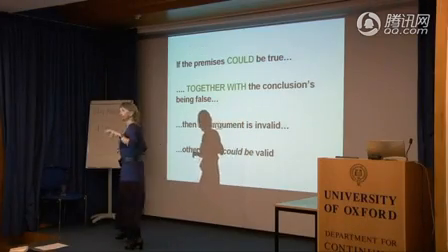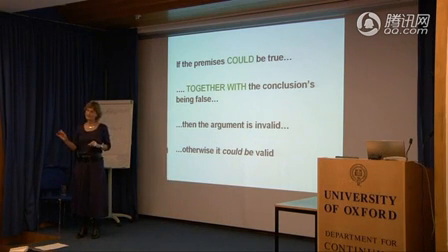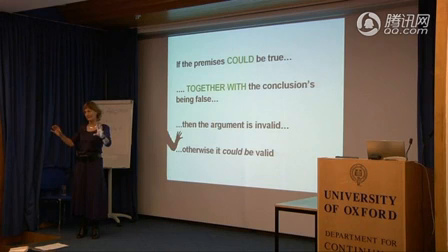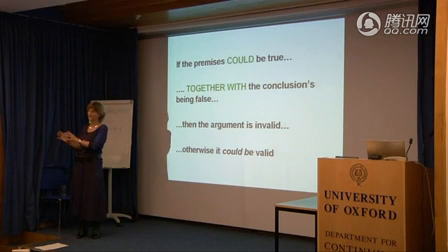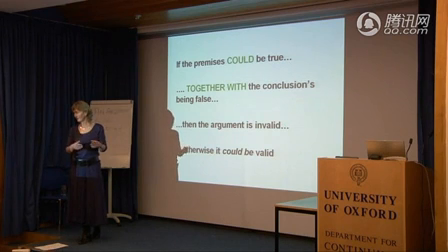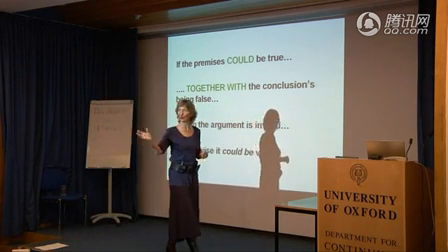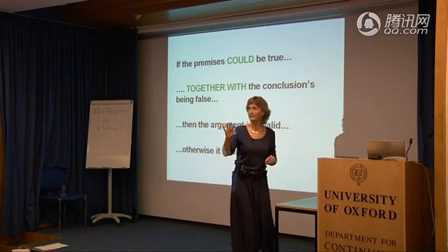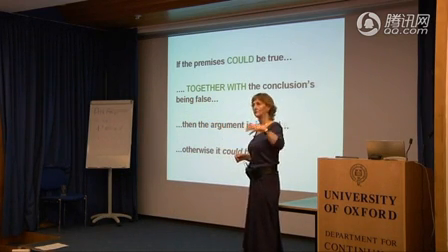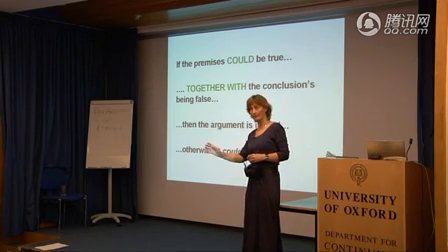Some people do talk about inductive validity and deductive validity, but if they do, they're using valid in two different senses. I think it's much better to stick to the idea of validity with deductive arguments and talk about inductive strength rather than inductive validity. Because validity is an either-or thing, whereas strength is a matter of degree, and inductive arguments are more or less strong, whereas deductive arguments are either valid or invalid.